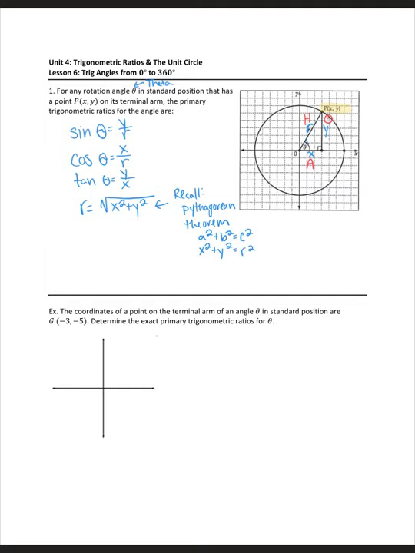And then we just have to take the square root of both sides. We already have it isolated for r squared, so we'll just take the square root of both sides. So the square root of x squared plus y squared equals r. So that's where that r comes from in terms of x and y values.